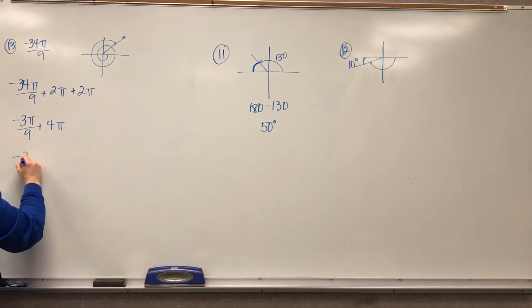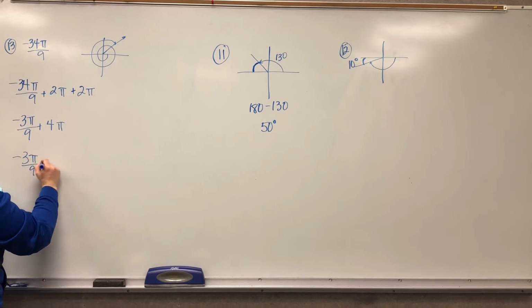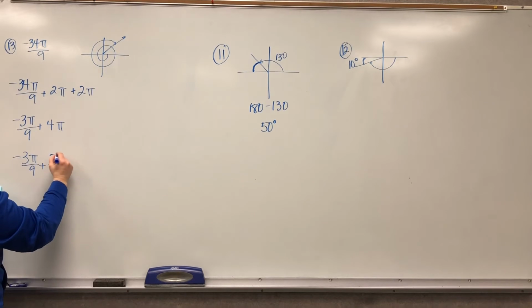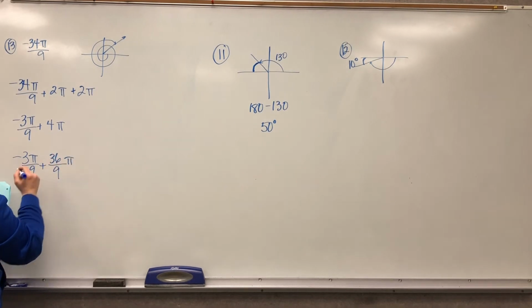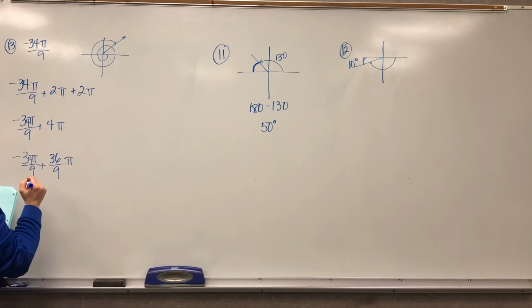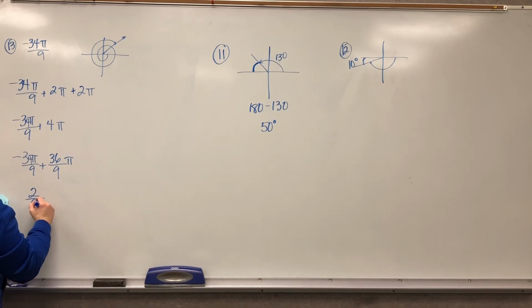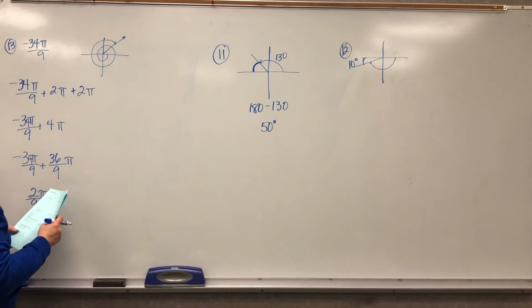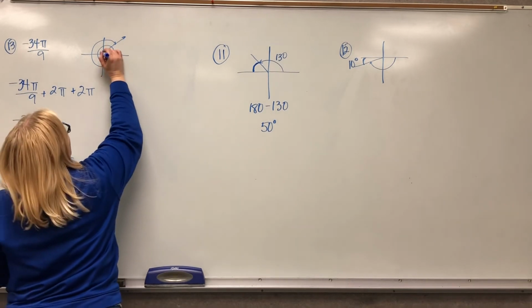I get a common denominator, which is 9, and 9 times 4 is 36 pi. 36 minus 34 is 2 pi over 9. Okay, that is my coterminal angle right here.